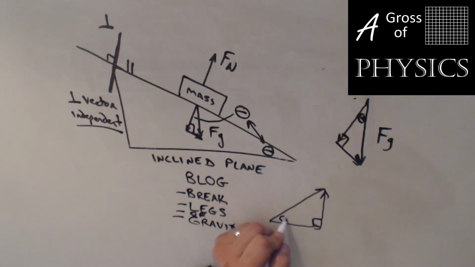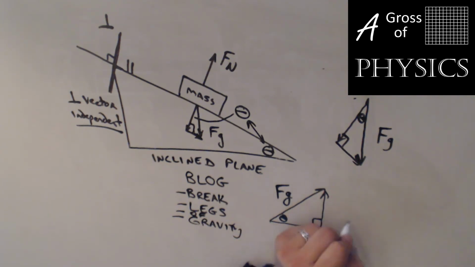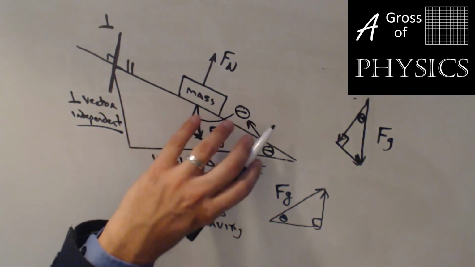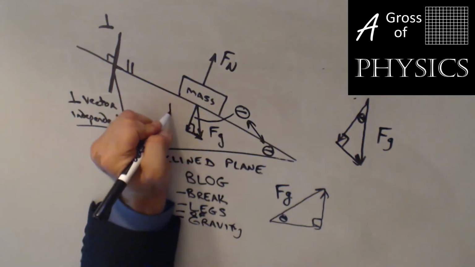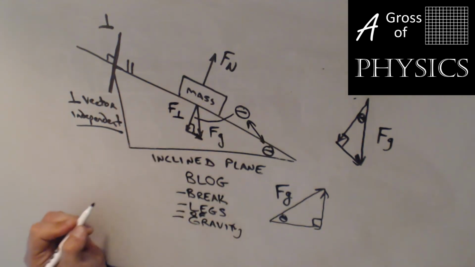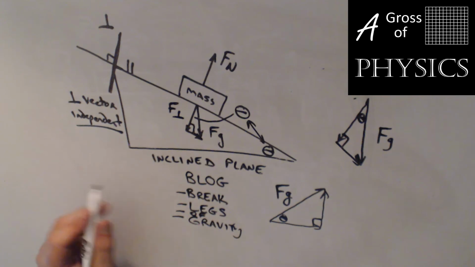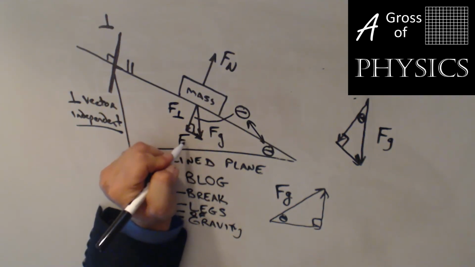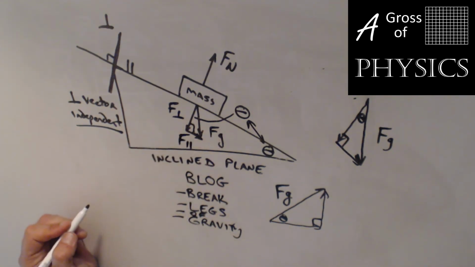Here's the incline, here's the angle, the right angle, and the angle that we have. And this happens to be gravity. Gravity is the hypotenuse. And this part is usually what we'd call X and Y. But the one touching here as we twisted it is actually perpendicular to the incline. So I call it F perpendicular. And this is parallel to the incline.